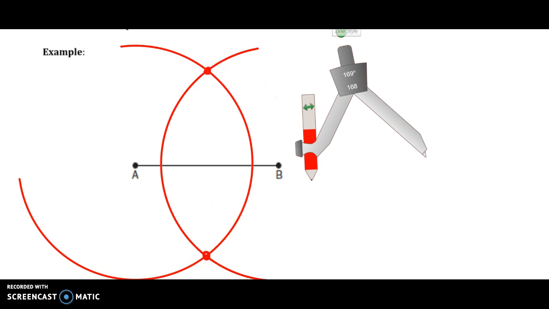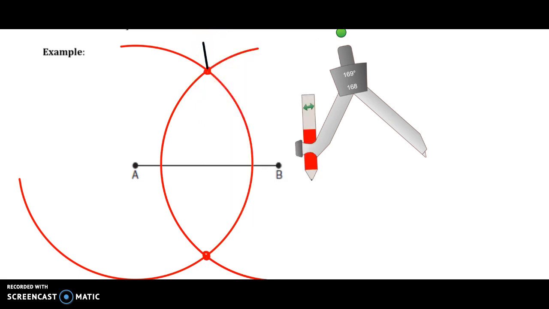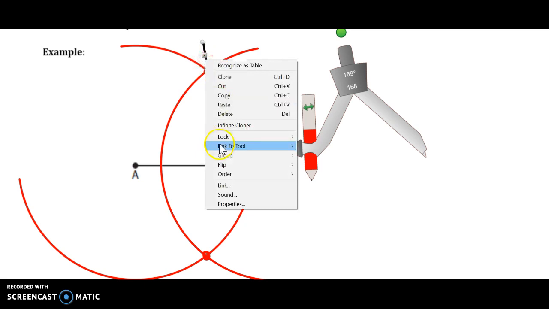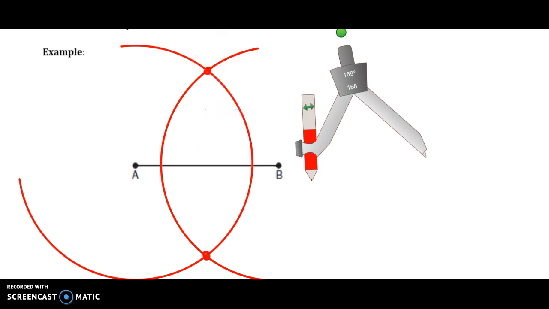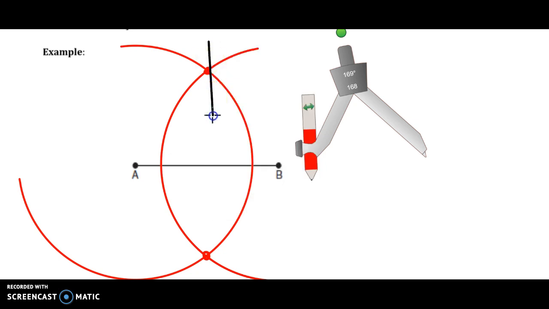And through any 2 points, we can put a line. Let's get a line. That's not going to be good, so let's try that again. All right, and there is our perpendicular bisector, so we have constructed that.